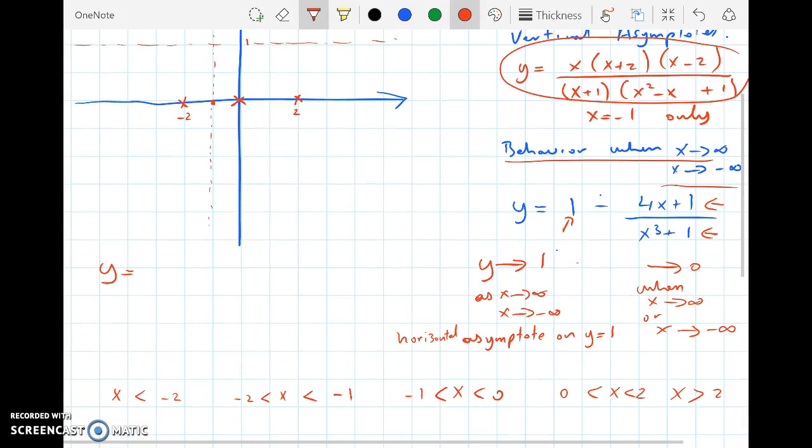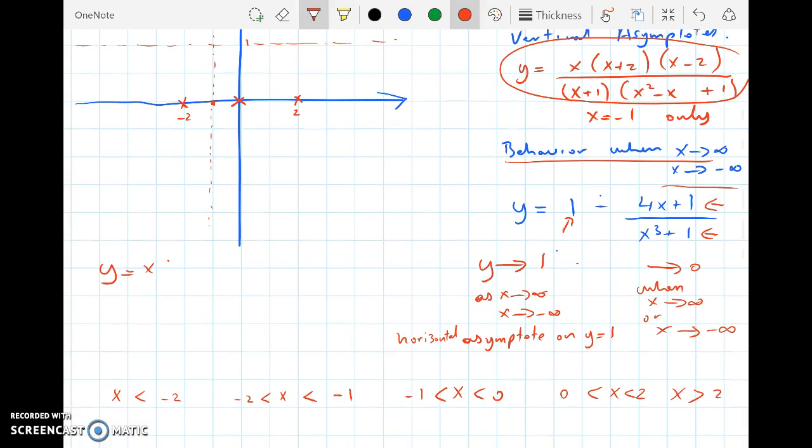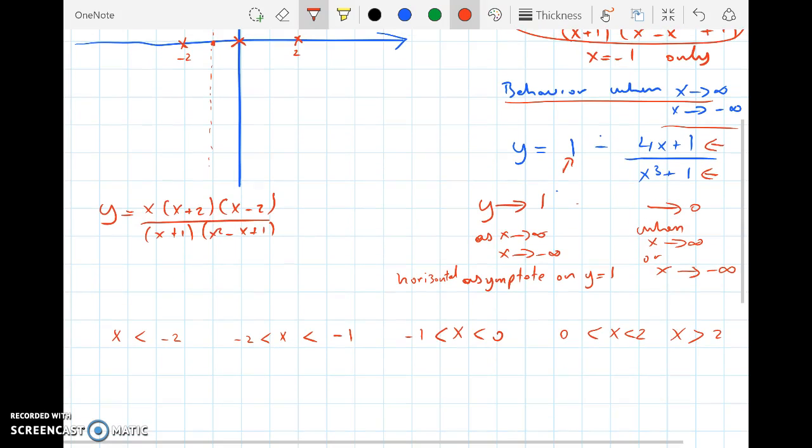We've got y equals x(x plus 2)(x minus 2) over (x plus 1)(x squared minus x plus 1). Okay, as we've already said, this one here is always positive anyway, because if you complete the square, that's always positive. But we've actually got 5 different bits here.